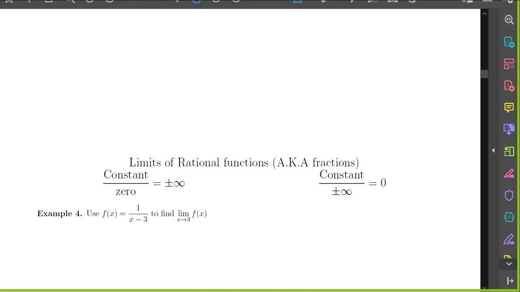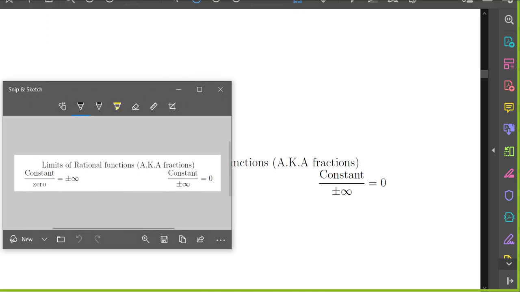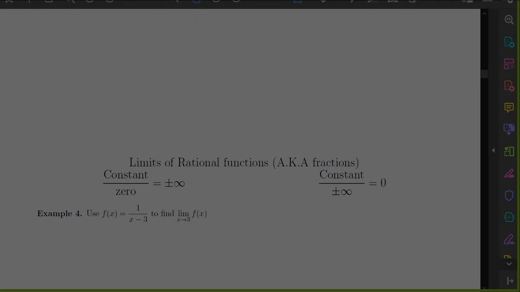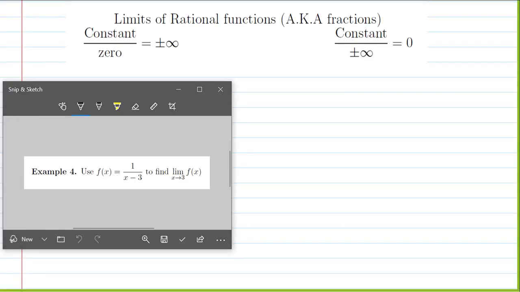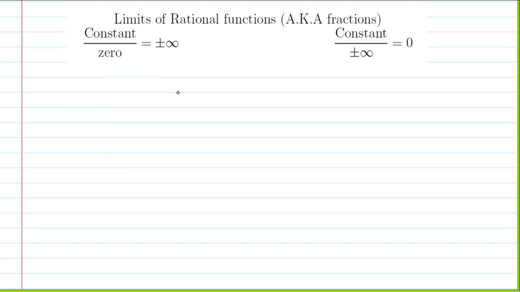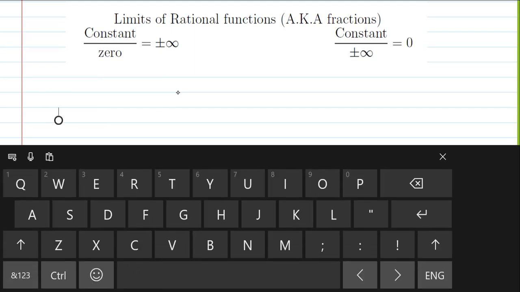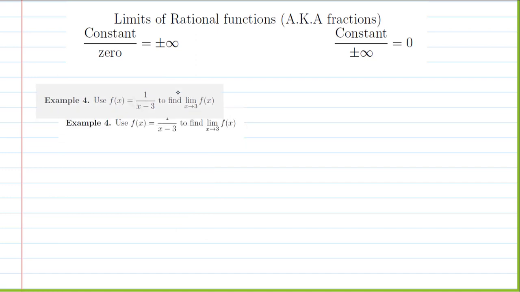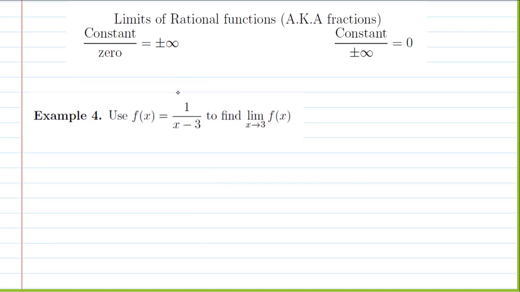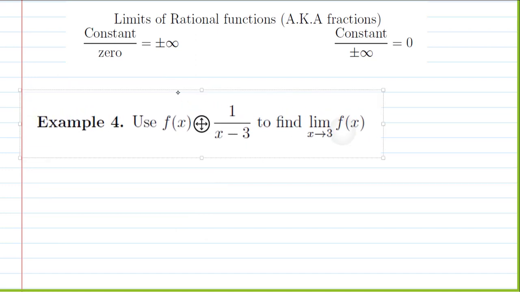So I know that that's not super clear yet, so let's take a look at example 4 and see if we can clear up exactly what we're talking about. So example 4 wants us to find the two-sided limit as x goes to 3 of f of x.